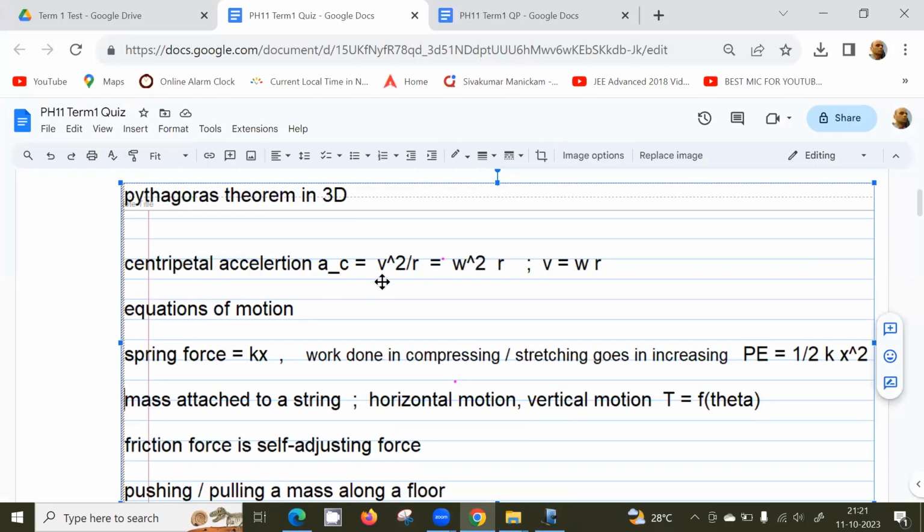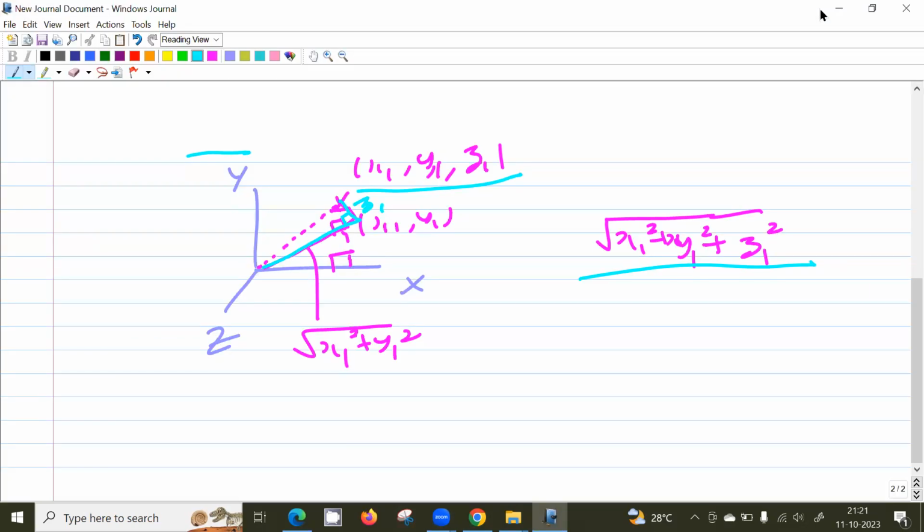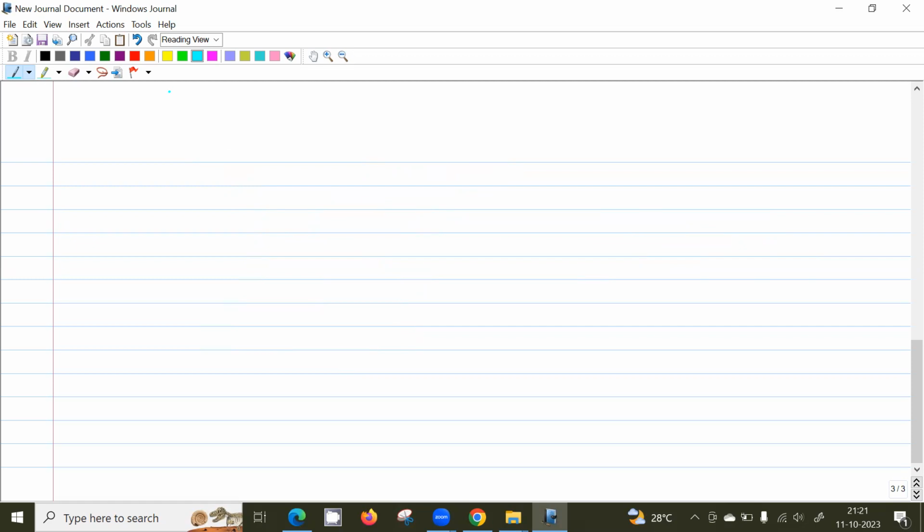And for circular motion, say a mass moving in a circular path. There is a center here, and there's a mass which is moving in a circular path of radius r.